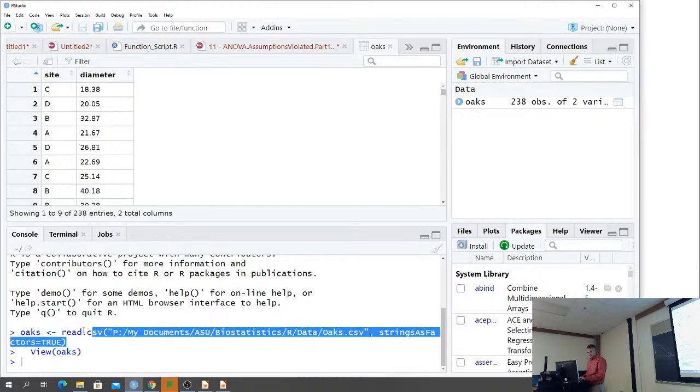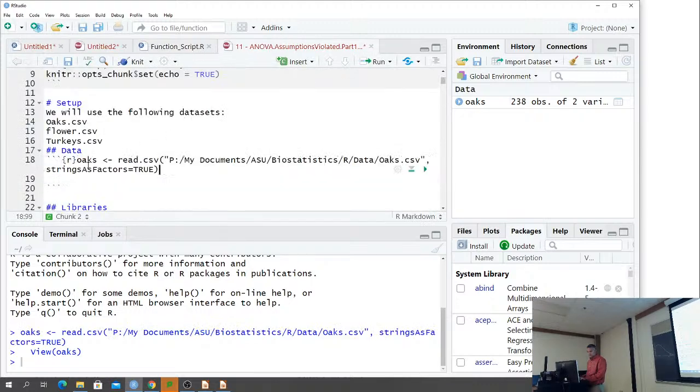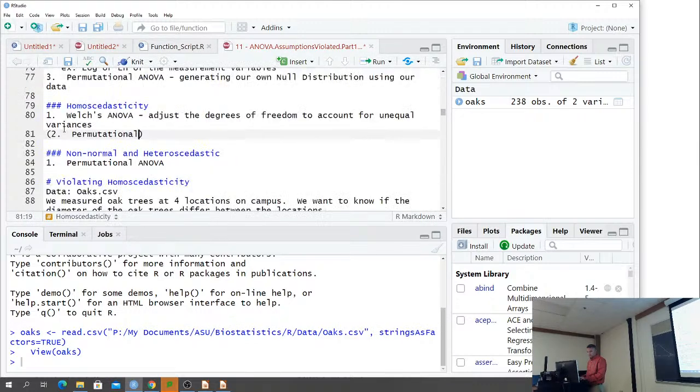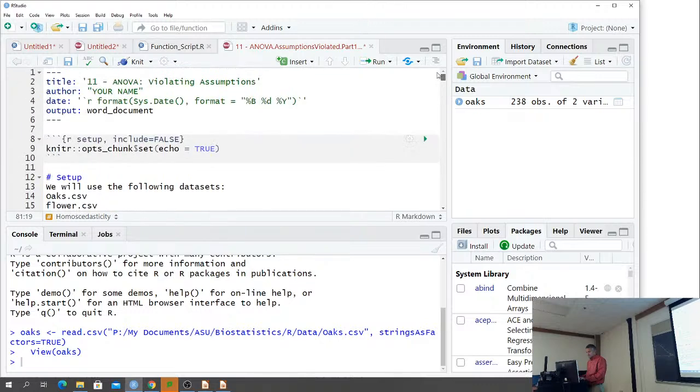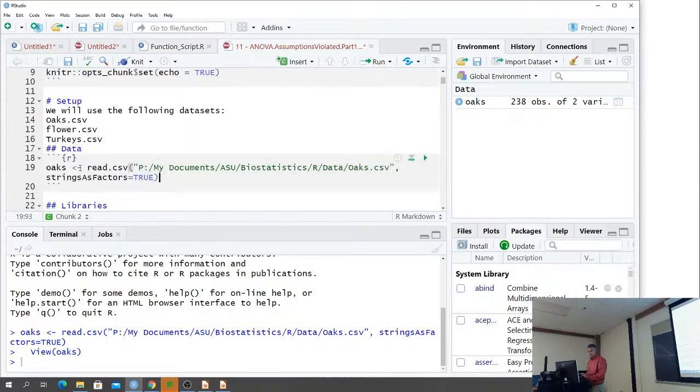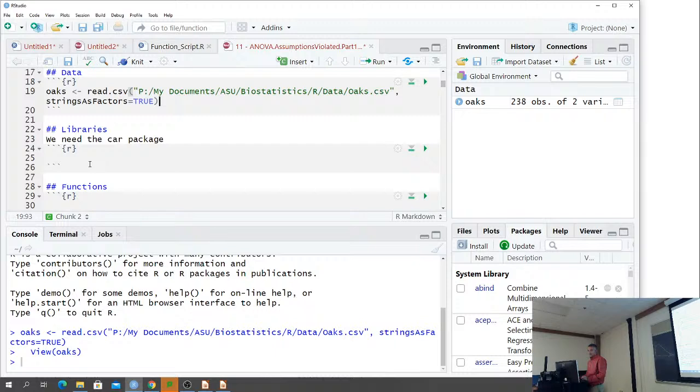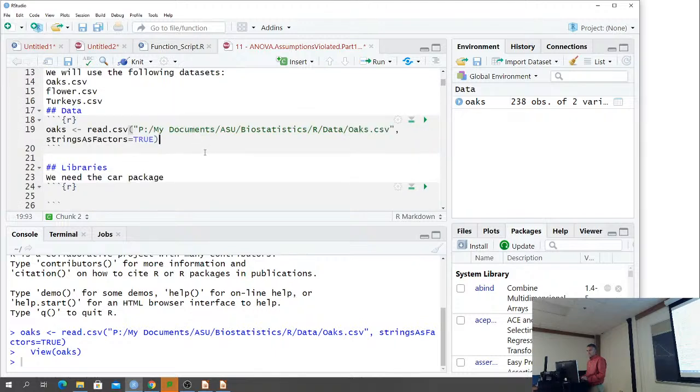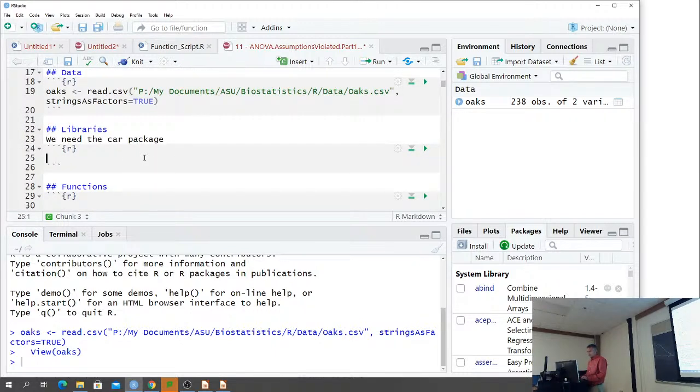Going to copy it, paste it into the code. All right. Libraries. We'll need the car package for this.